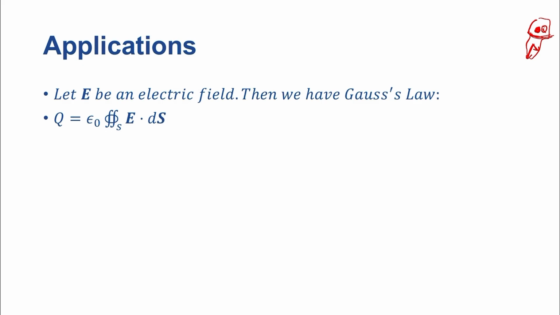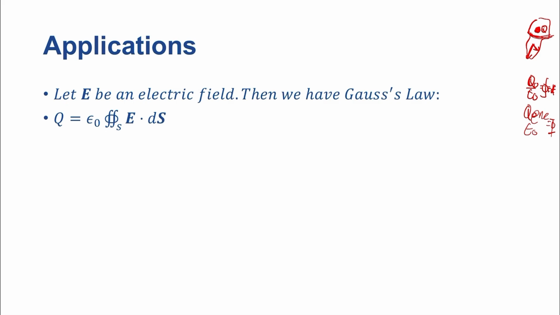So Q enclosed over epsilon naught equals the integral of E dot dA, and we can write this as phi, the electric flux. So it basically says the flux is equal to the flux integral.